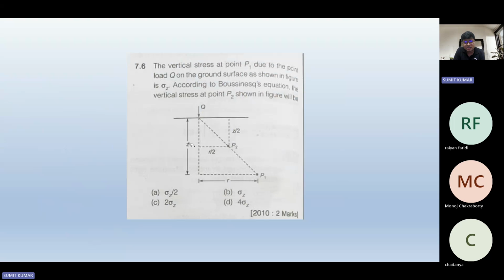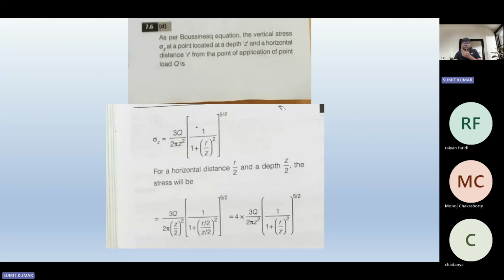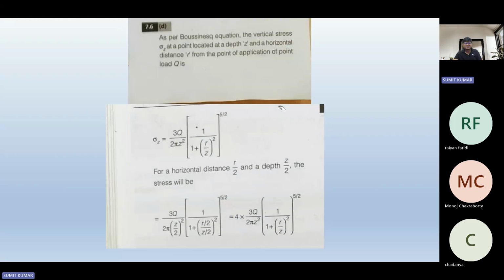According to Boussinesq equation, the vertical stress at P2 shown in the figure will be... so this value is sigma z at P1, and what will be the value at P2? Again use basic concepts of the Boussinesq equation, and the value is obtained as option number D, that is 4 sigma z. So you could solve it by yourself. I don't think I need to discuss this in detail. This is a very simple problem.